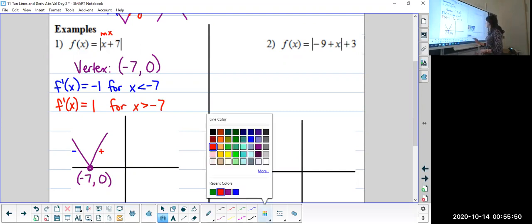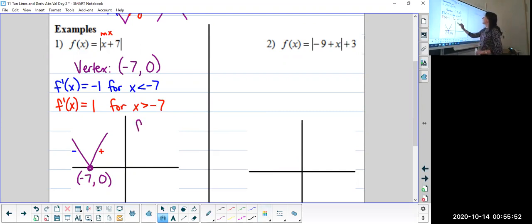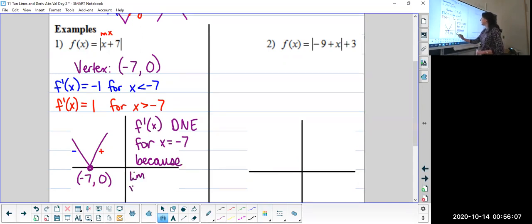Now, here's the kicker. f prime of x does not exist for x equals -7 because the limit as x approaches -7 from the left of f prime of x does not equal the limit as x approaches -7 from the right for f prime of x.